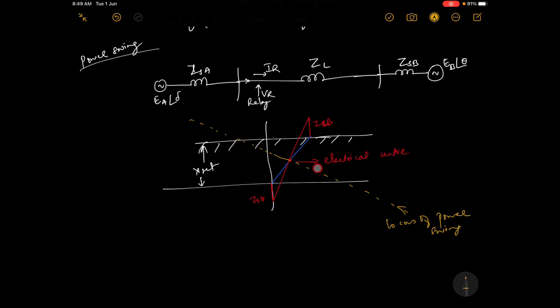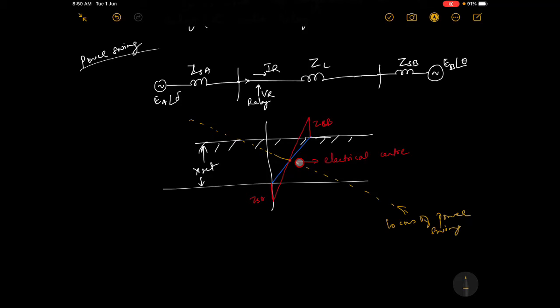So during power swing it will come in contact with this. Whenever there is a power swing, meaning there is large power variation, during that variation it may come in this range. Power is varying, so it might be at this point or this point or here also. When it comes in contact with this, your relay will trip.